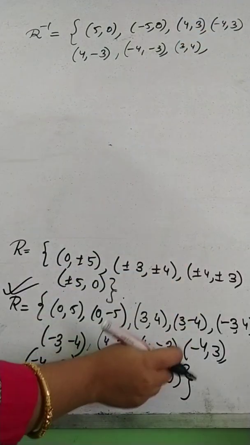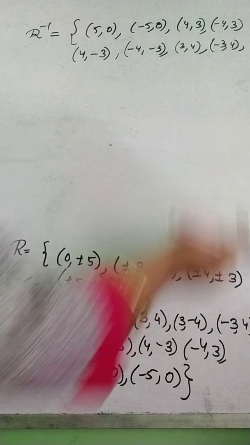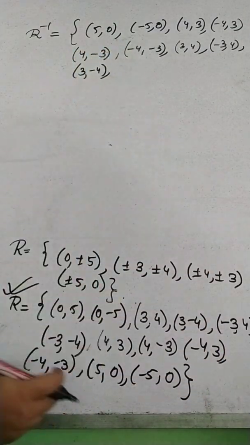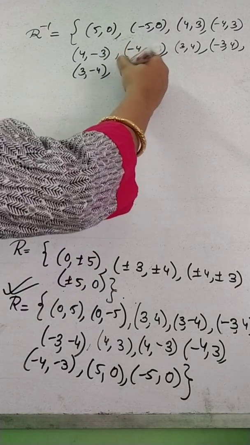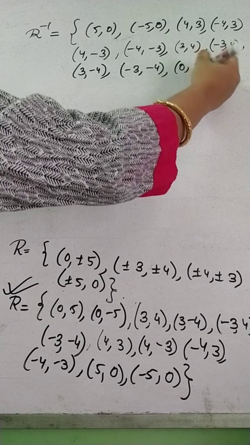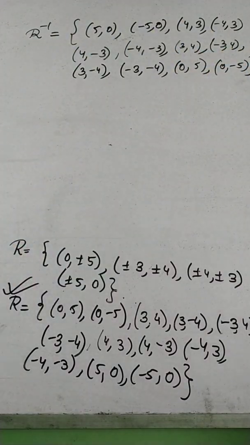This is going to become minus 3, 4. This is going to become, this one now, 3, minus 4. And this one, that is minus 4, minus 3, is going to become minus 3, minus 4. The next one is 0, 5. The next one is going to become 0, minus 5. So this is your R inverse. How many you have? 12 of them.